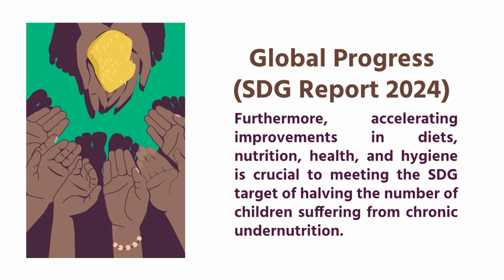These are crucial to meeting different SDG targets. When we talk about SDG goal 2, zero hunger, it has multiple benefits. When we achieve this goal, it has multiple benefits for other goals.